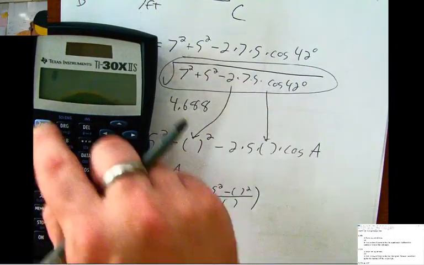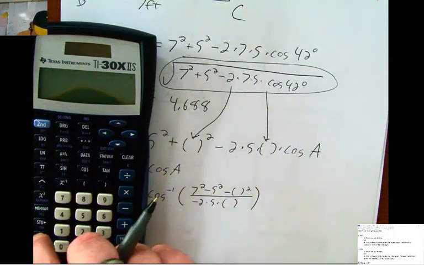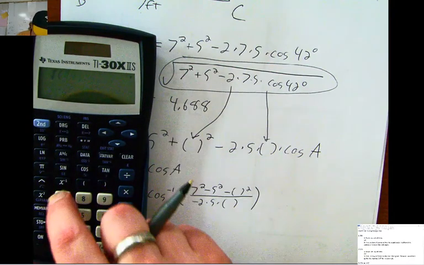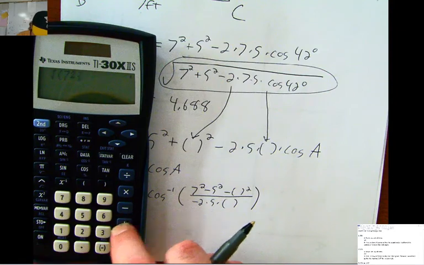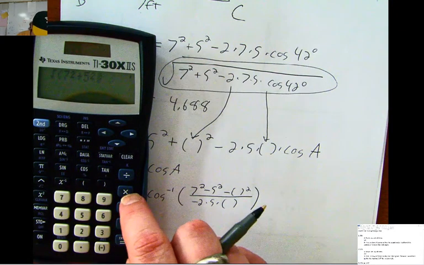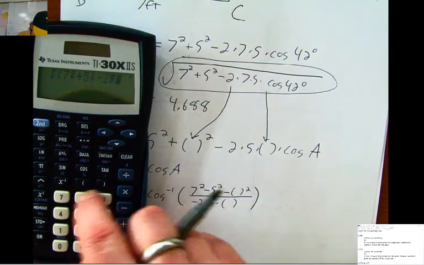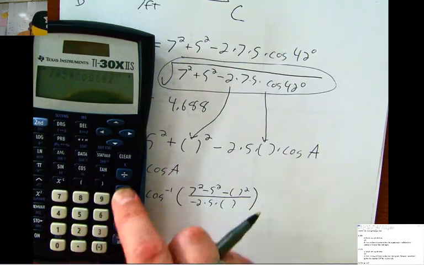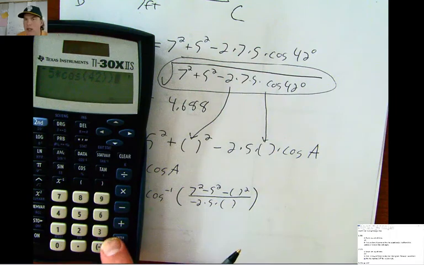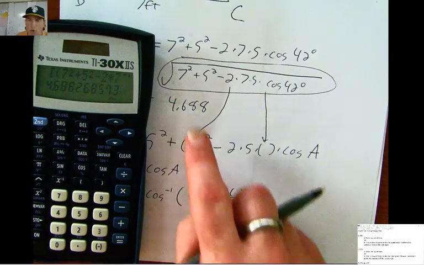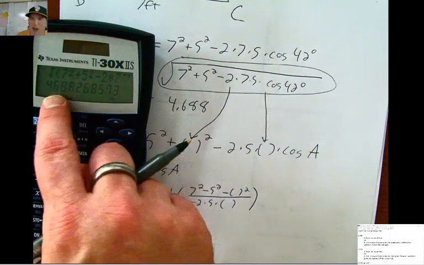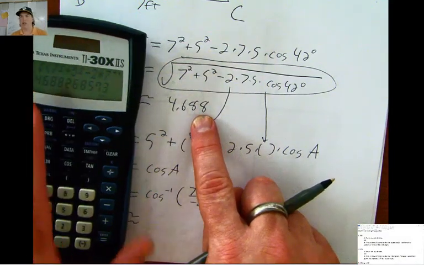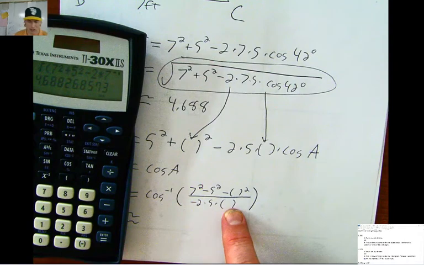So I have square root of 7 squared plus 5 squared minus 2 times 7 times 5 times cosine 42, close parentheses, and I got a value of 4.688. Now my entire screen has that exact value, so now I'm going to use that exact value to solve this out.